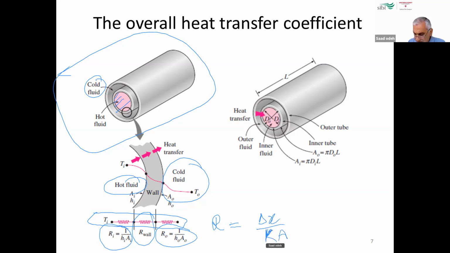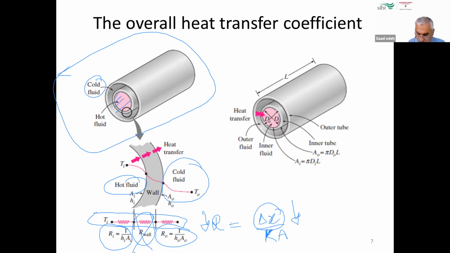Now, if delta X is very small, then we expect R to be very small as well. So in most cases, like in the example, they tell us that the thickness of the wall is very small, the thickness of the tube is very small, therefore you can neglect R. So if this is the case, then you don't need to include the R wall.